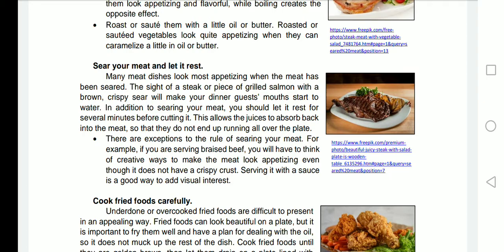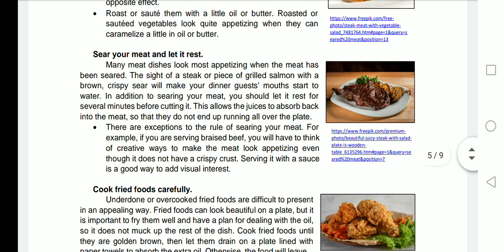Many meat dishes look more appetizing when the meat has been seared. The side of the steak or piece of grilled salmon with a brown crispy sear will make your dinner guests' mouths start to water.